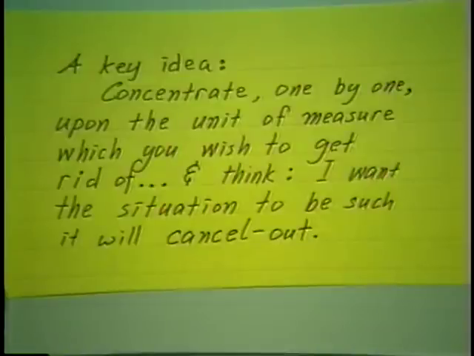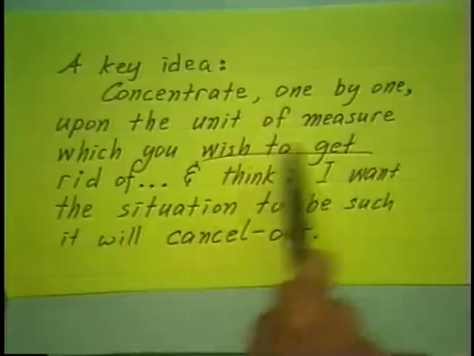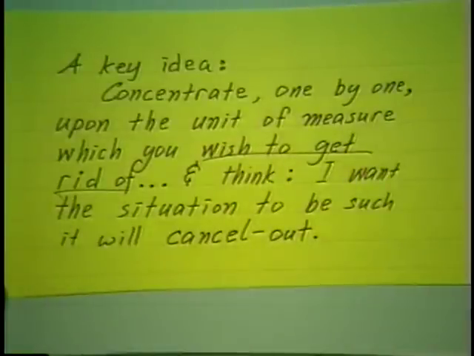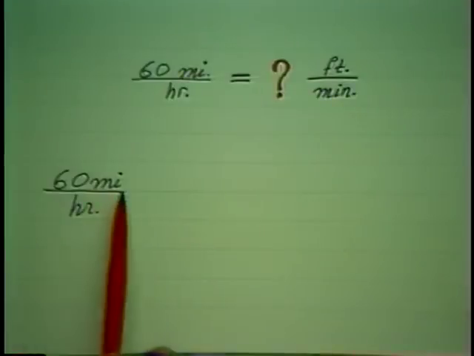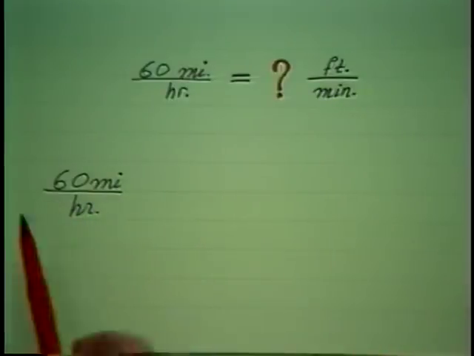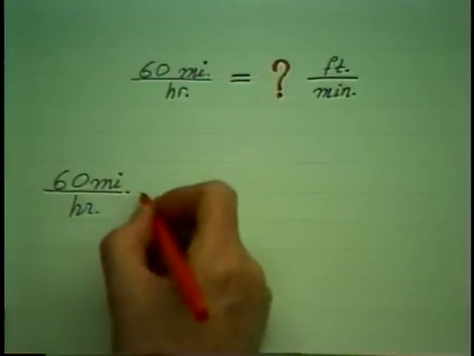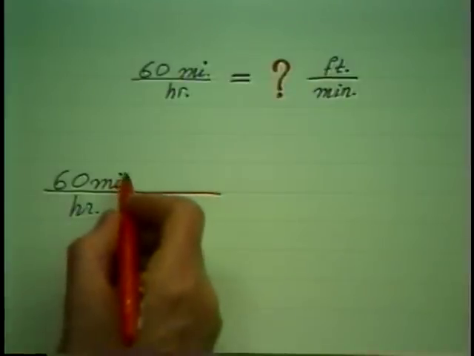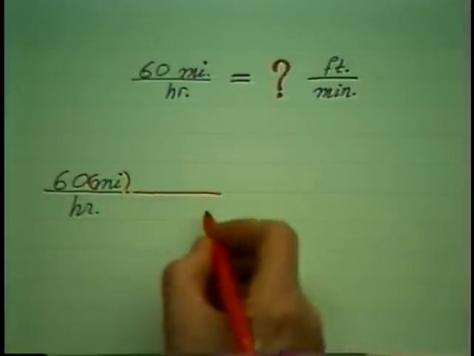We're going to concentrate one by one upon the unit of measure which you wish to get rid of. And think, I want the situation set up to be such that that thing will cancel out. Bear that in mind and everything stays clear and smooth. Let's concentrate on miles first and leave hours alone. This strategy says I want something with miles on the bottom.